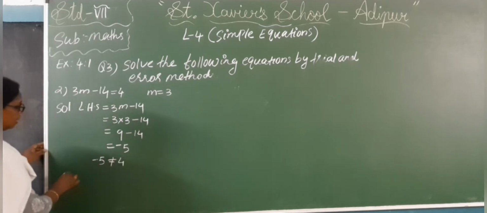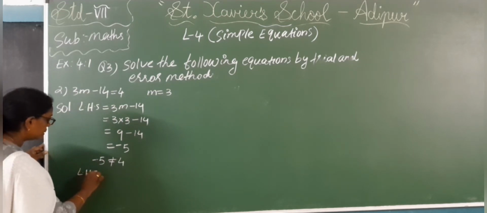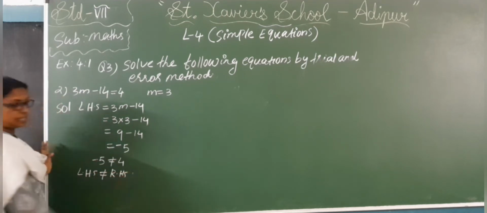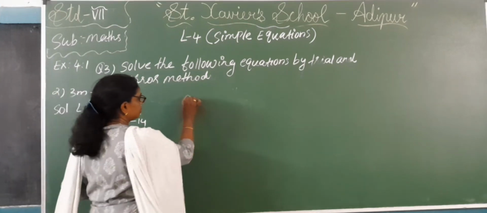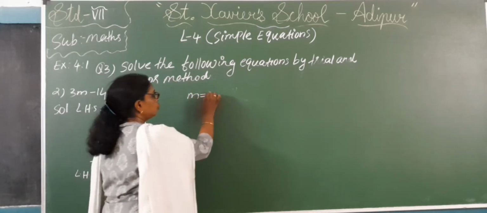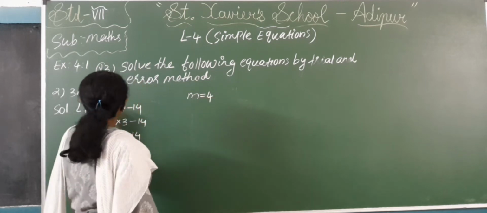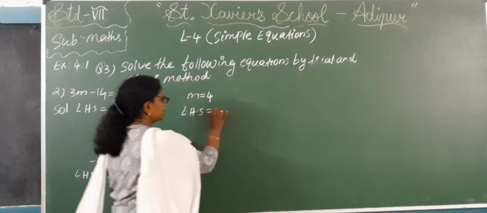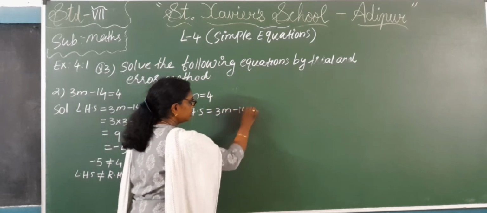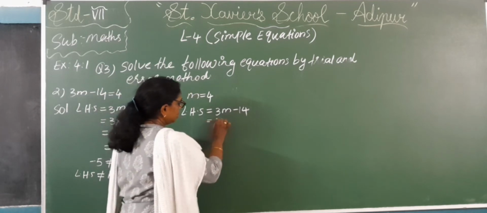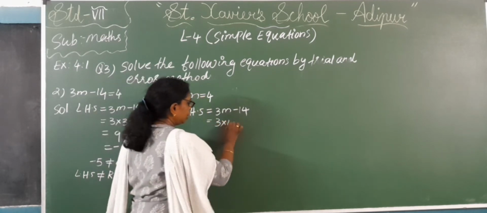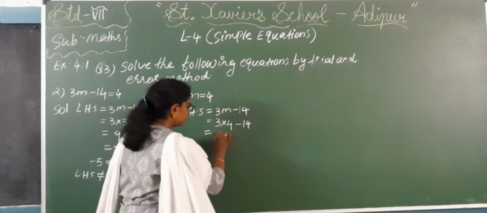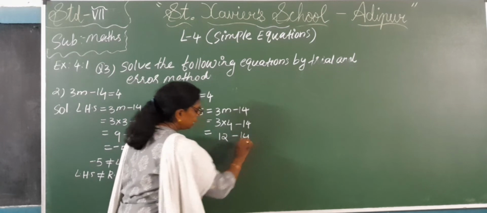So LHS not equal to RHS. And next, m is equal to 4. LHS is equal to 3m minus 14. 3 into 4 minus 14. 3 fours are 12 minus 14.